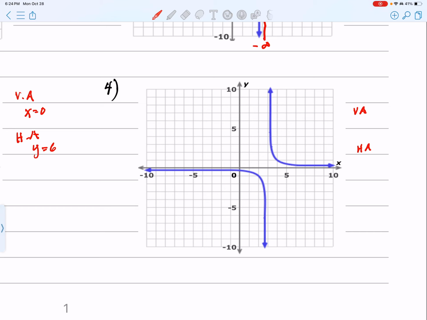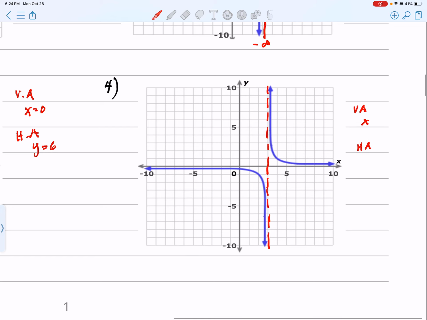You know, some line that touches the curve, okay? So as y approaches positive infinity and negative infinity, the x there is 3. That's for vertical.